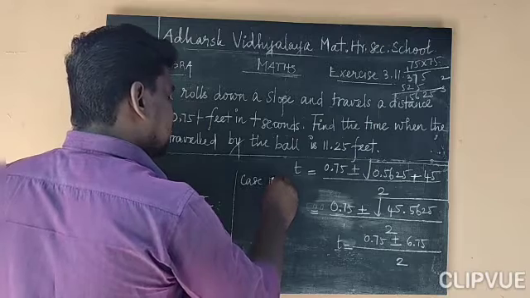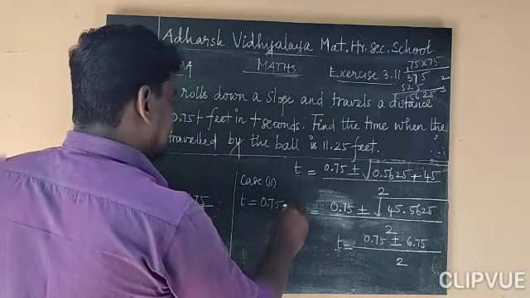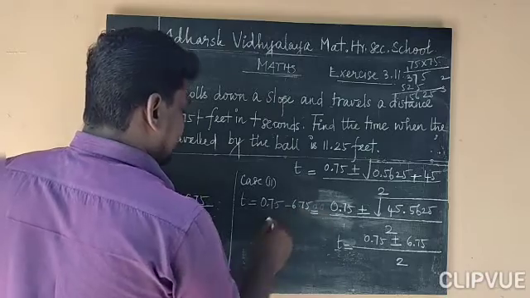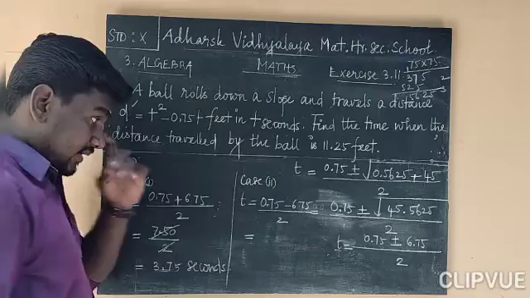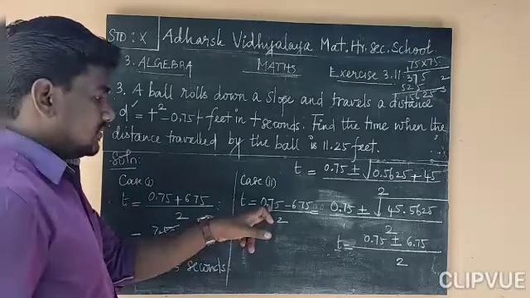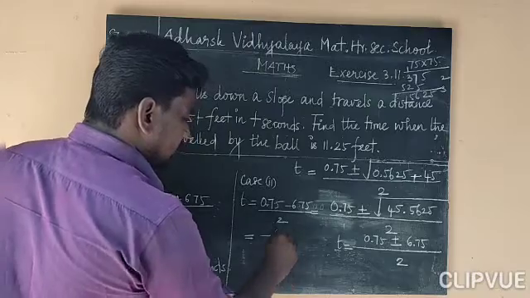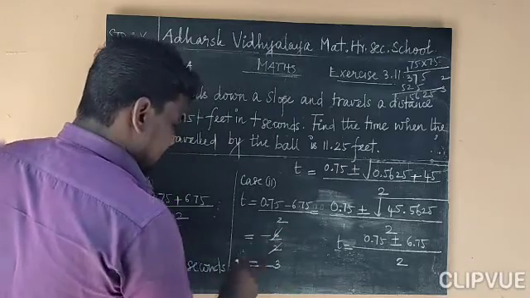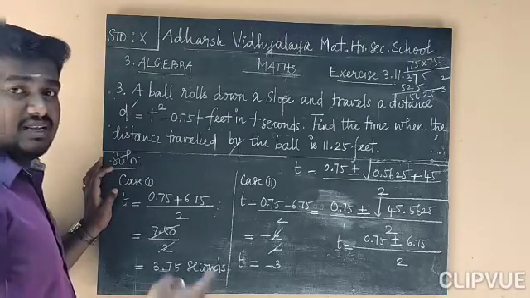And second case, case 2, t is equal to 0.75 minus 6.75 divided by 2. So here 0.75 minus 6.75 means minus 6, divided by 2. It gives minus 3. T must be positive, you know that, because T is time.